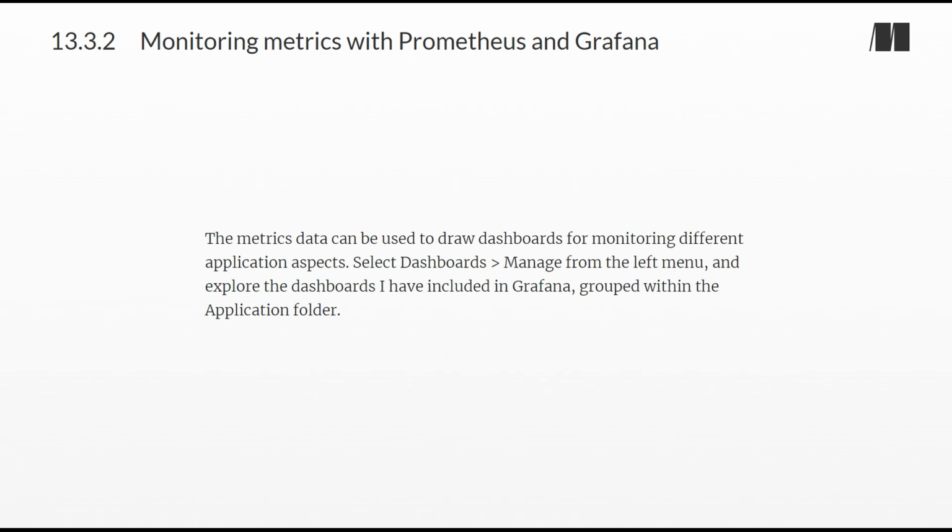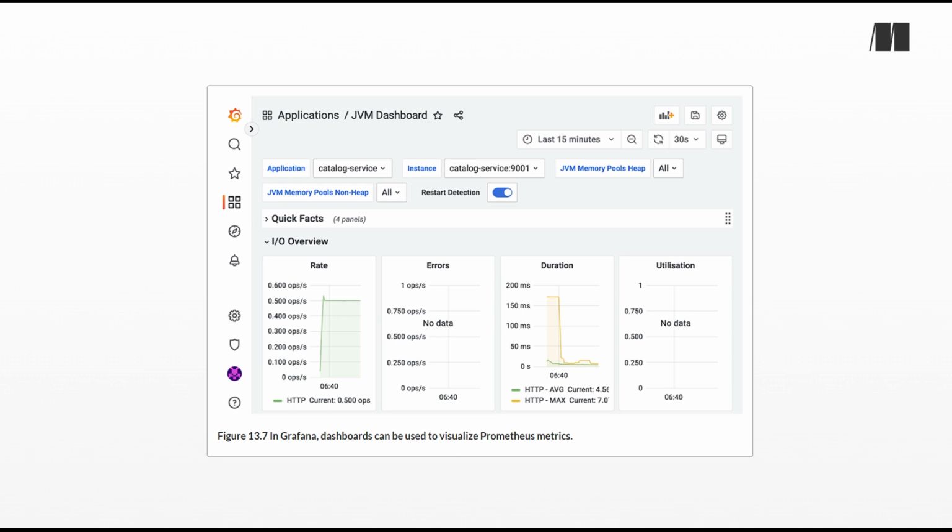Select Dashboards, Manage from the left menu, and explore the dashboards I have included in Grafana, grouped within the application folder. For example, open the JVM dashboard. It visualizes different metrics regarding the JVM where Spring Boot applications run, such as CPU usage, heap memory, non-heap memory, garbage collections, and threads. Figure 13.7.